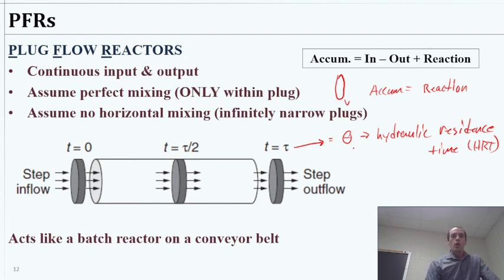So instead of t, at the end of the plug flow reactor, t is our theta, or t is our tau. That means that when we set up our system and we have V dC/dt, and we solve all of that, and we get something like e to the minus kt, well, instead we're going to say e to the minus k theta.